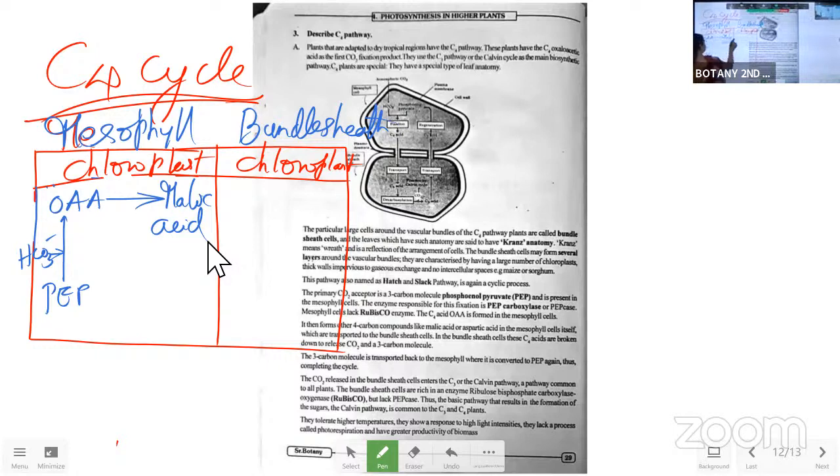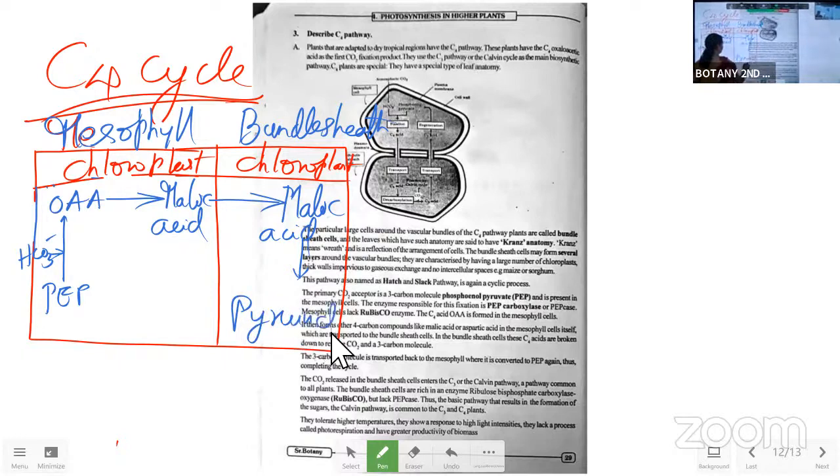This malic acid, produced in the mesophyll chloroplast, is shifted into the bundle sheath chloroplast. Now, in the bundle sheath chloroplast, this malic acid is converted into pyruvic acid, and here carbon dioxide is released, that is, decarboxylation occurs.